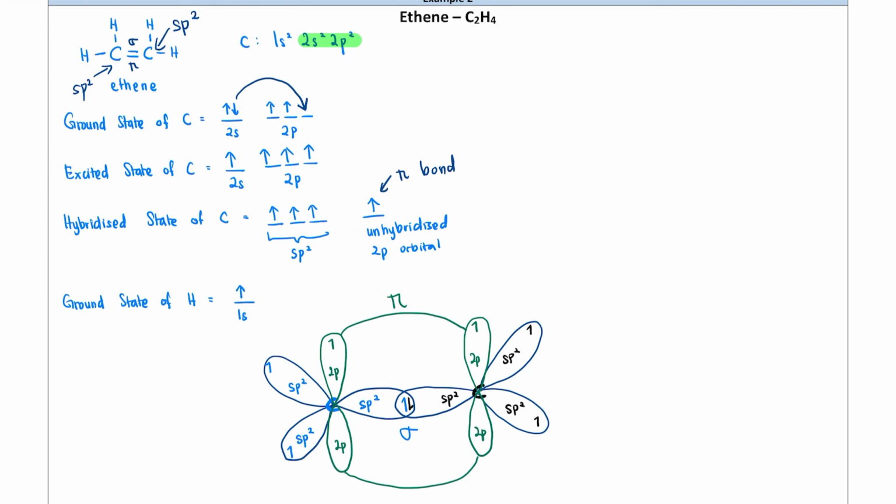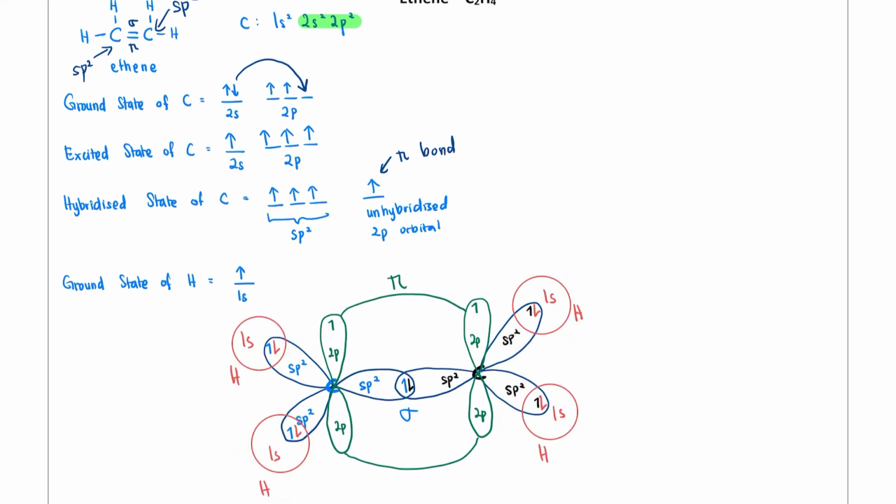Tapi tak siap lagi sebab this carbon is bonded to hydrogen. So hydrogen ni kita belum lukis, and the ground state for hydrogen is 1s. That means the shape is spherical. So kita kena draw dekat sini spherical, spherical, spherical and spherical. So settle drawing hydrogen saya. As you can see, saya dah label this is 1s orbital sebab kita tak hybridkan hydrogen.